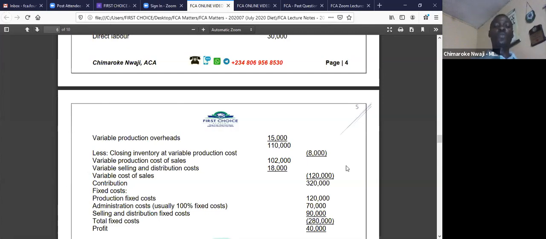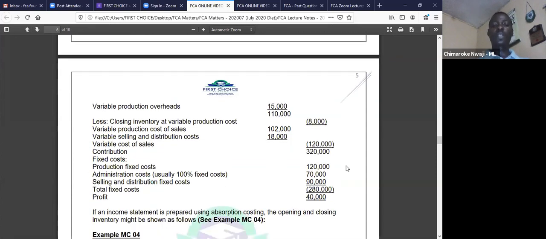So the 280 becomes your total fixed cost, which is brought to the second column. So we now say 320 minus 280 gives us 40,000 as our profits. So that is how we do our marginal costing profit statement.